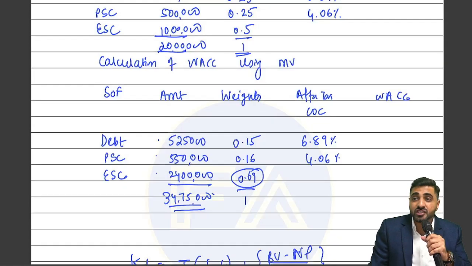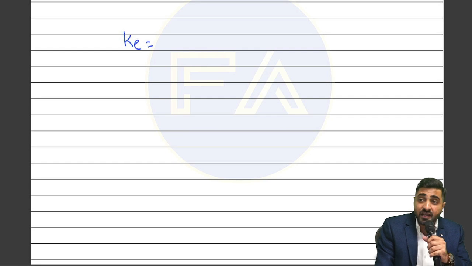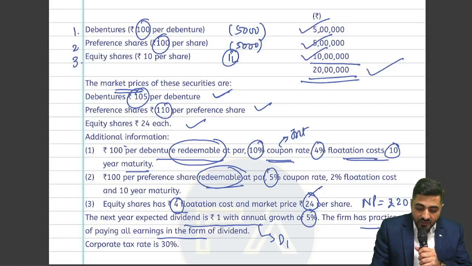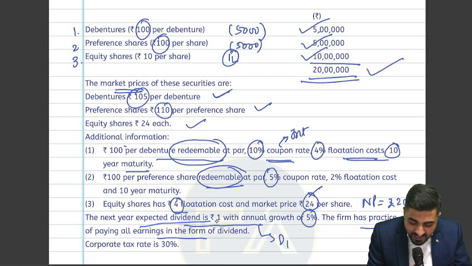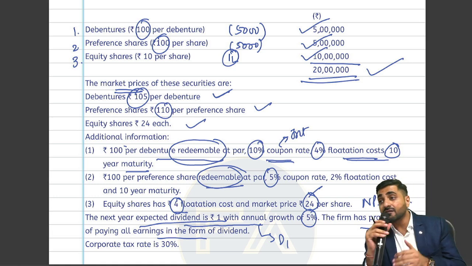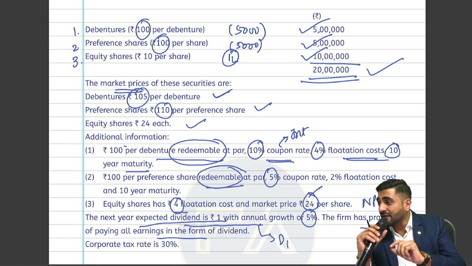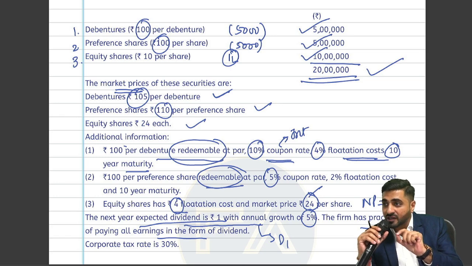What about equity? KE calculation. Can I say for KE, I am going to use the dividend yield plus growth approach. Formula for KE: D1 upon net proceeds plus G. They have already used the word expected dividend. Whenever they use the word expected dividend, next year dividend or proposed dividend, do I have to add any growth rate to that dividend, or is that already D1? Already D1.